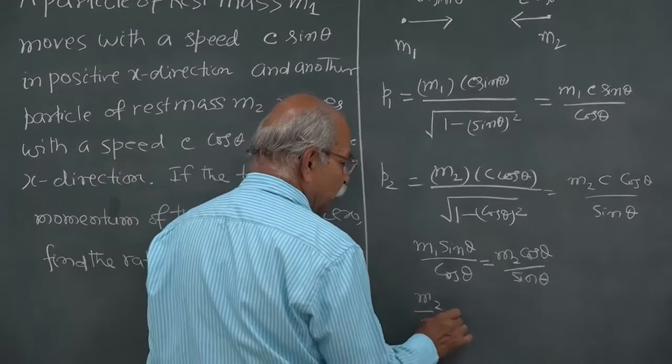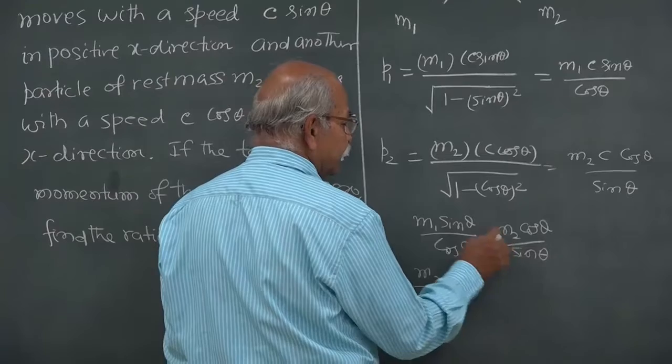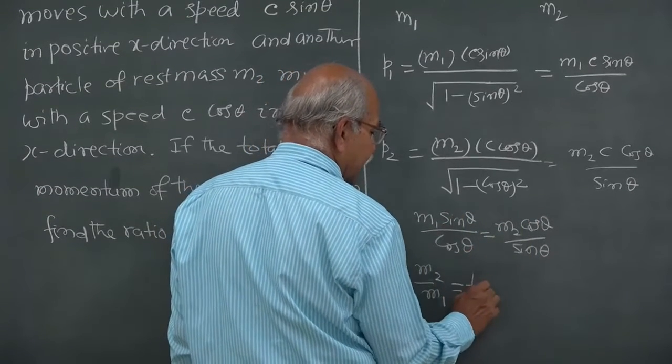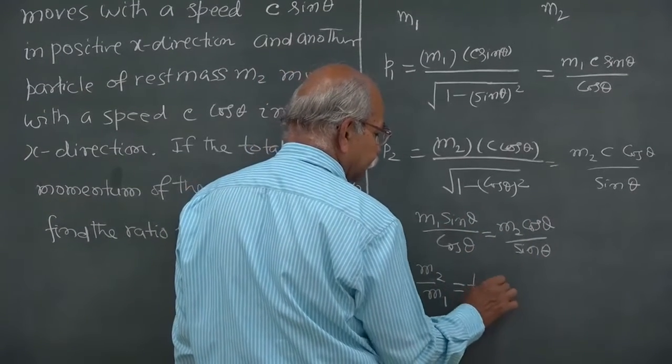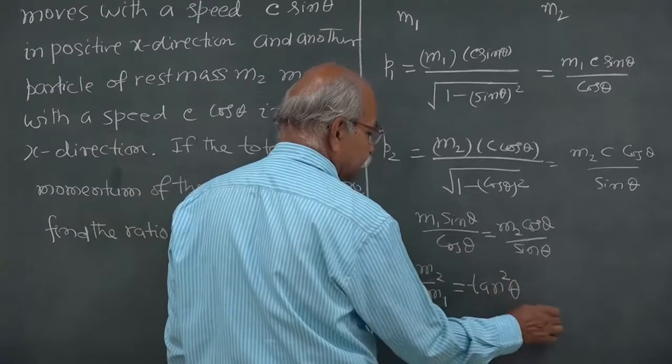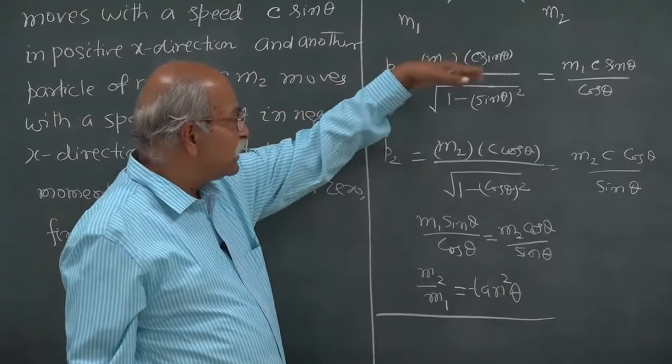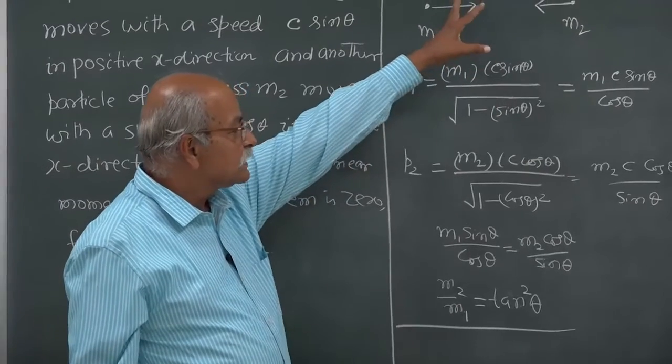So, m2 by m1 will be sin square theta by cos square theta, that is tan square theta. Right. So, this will make the total linear momentum 0.